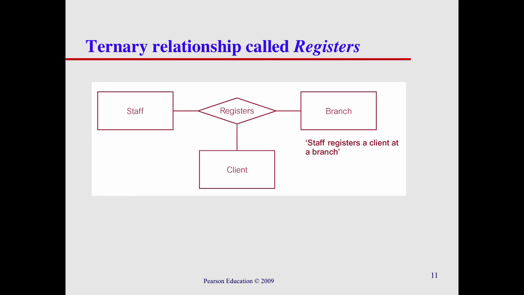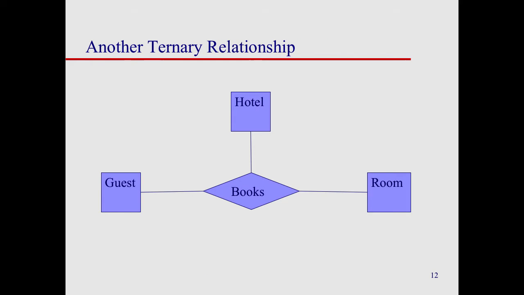Another one is, in our hotel database, a guest books a room at a hotel. And a third example would be a customer leases a property from an owner, or a customer leases a property from a staff member. So you can have, in fact, that could be a quaternary one.